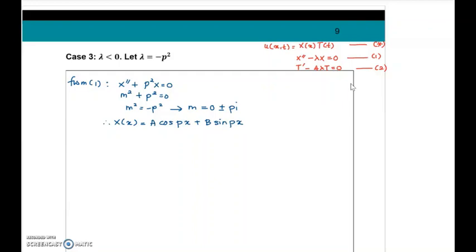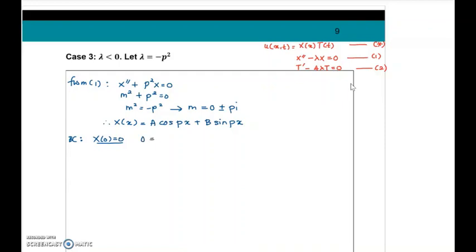Then we need to get a and b by applying the boundary conditions that we formed earlier, which is X(0) equals 0, the first one. It means that when small x is 0, the capital X is 0. So we have 0 at the left.